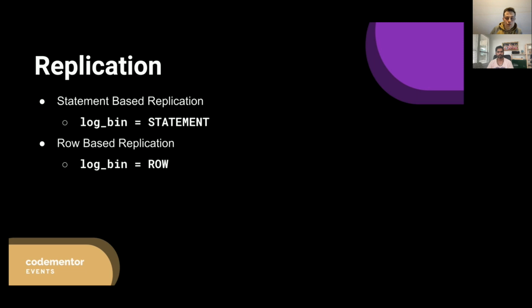Any function call that is non-deterministic will be replaced by exact values. For example, if you have a SQL query removing events where date is bigger than now, where now is a function call, it will be replaced by the exact date and time when this transaction is executed on master. So it will be safe to replay on the replicas, and probably you will get the same result.